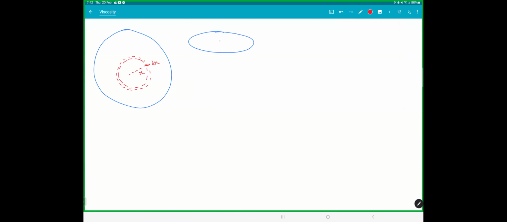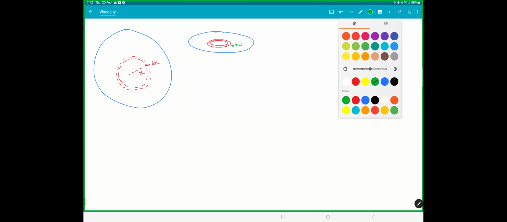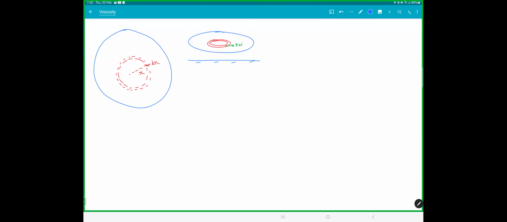So on this disk, if you take this thin ring, the velocity of this thing is x omega. Now be careful, you're comparing this with the ground. So this point here, velocity is 0 and this distance is z. So dv by dz will be x omega by z.